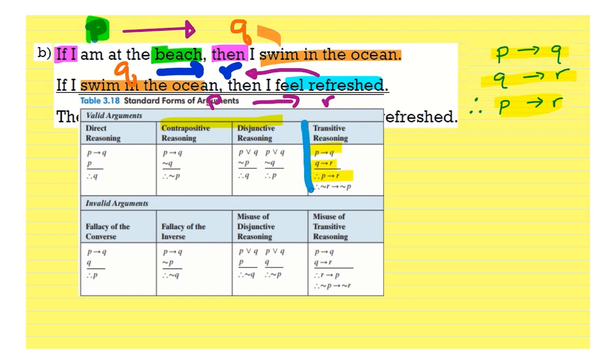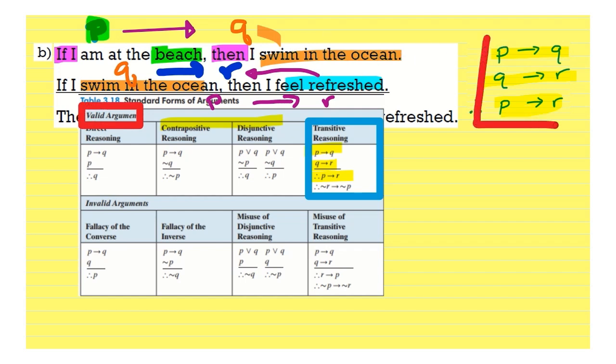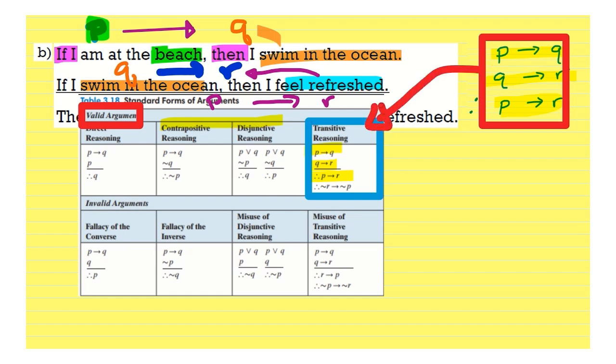And so this is going to be the transitive reasoning, and this falls under the valid arguments section. So our original statements are going to be valid by reason of transitive reasoning. Okay?